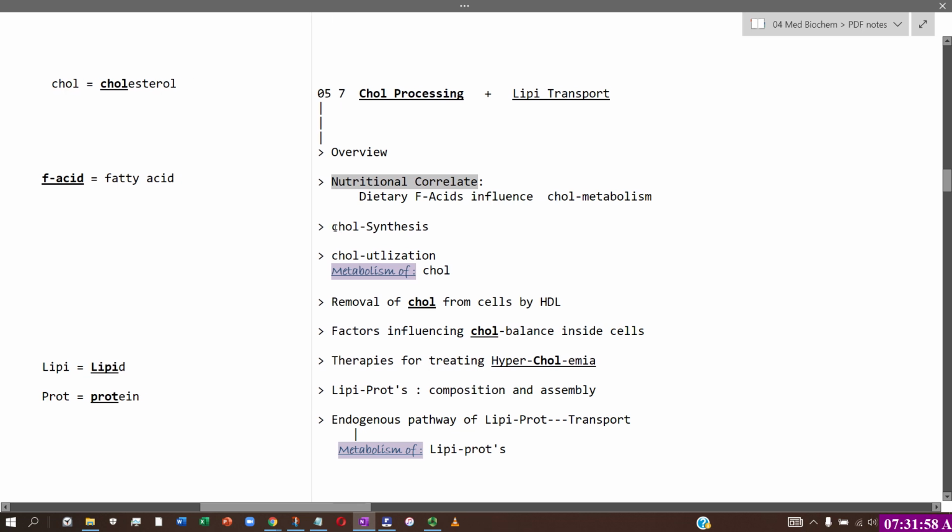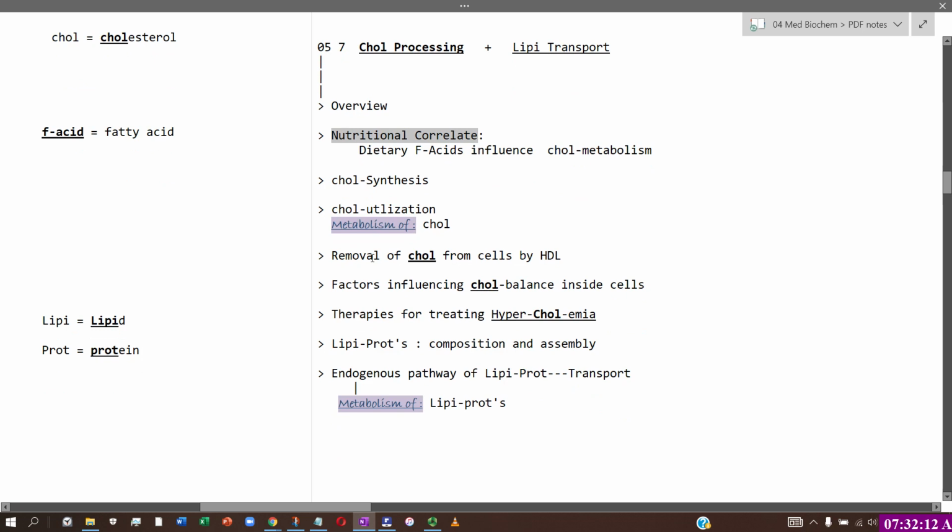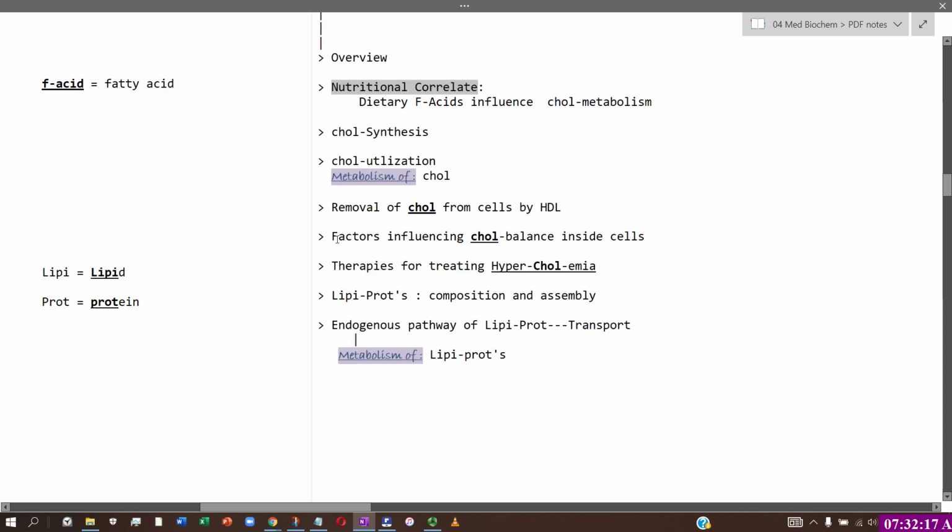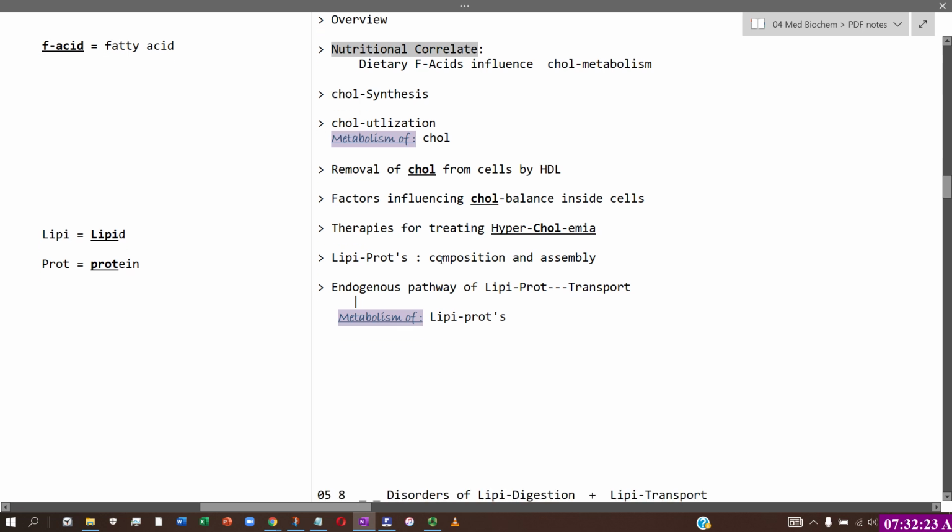Next, cholesterol synthesis, and then cholesterol utilization. And within that subtopic, we also talk about metabolism of cholesterol. And then we talk about the removal of cholesterol from cells by HDL, followed by factors influencing cholesterol balance inside cells. Next is therapies for treating hypercholesterolemia.